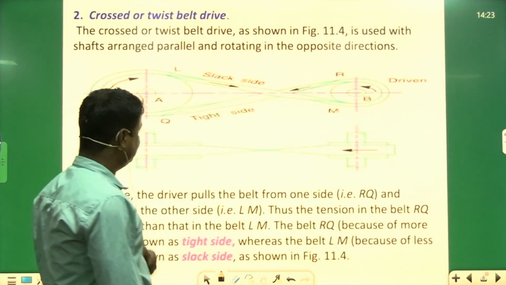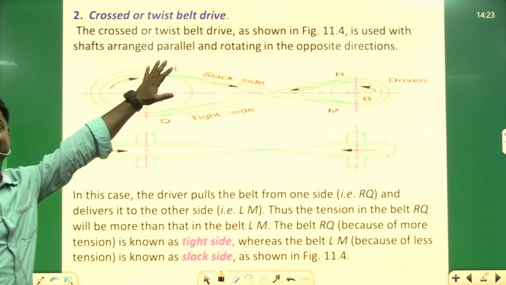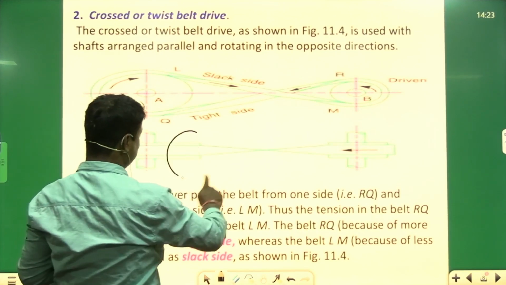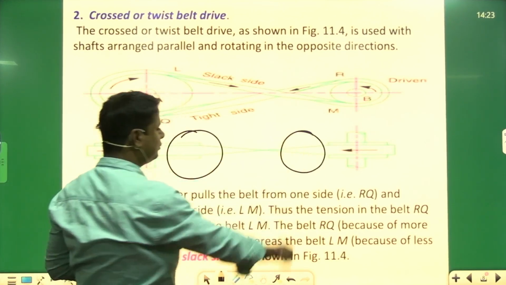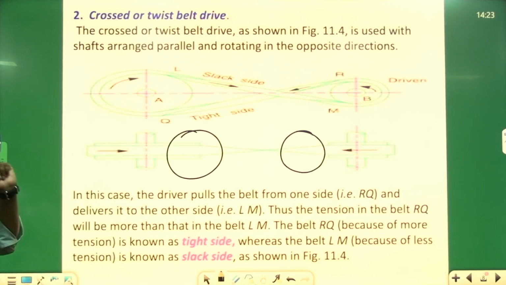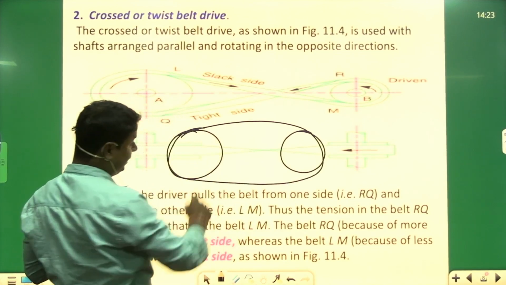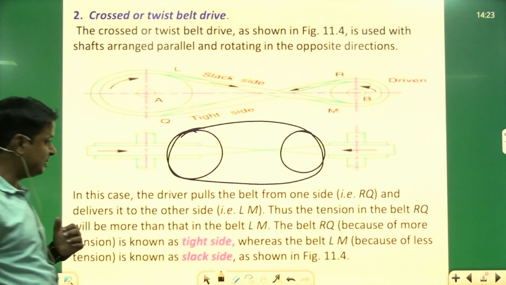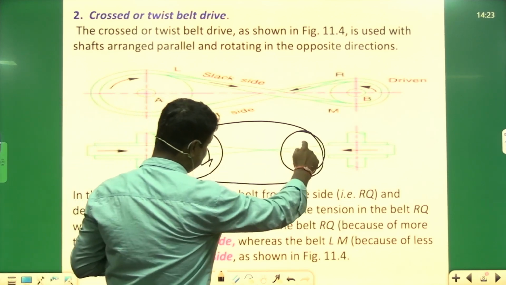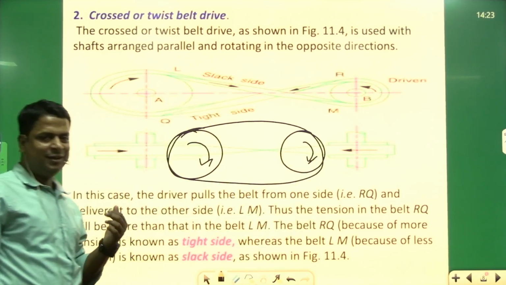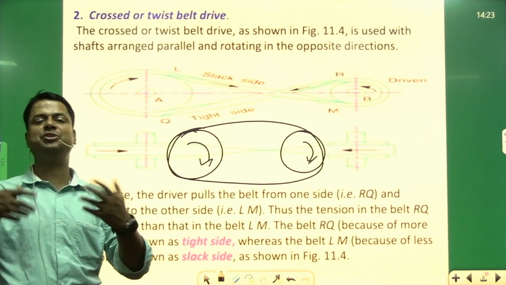Look here at what the arrangement is. Suppose two drives are like this and you add a belt like this. It means the motion is in the same direction, and you want the motion in the opposite direction.